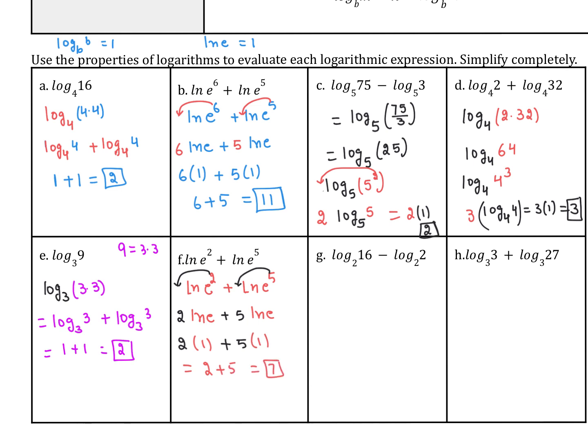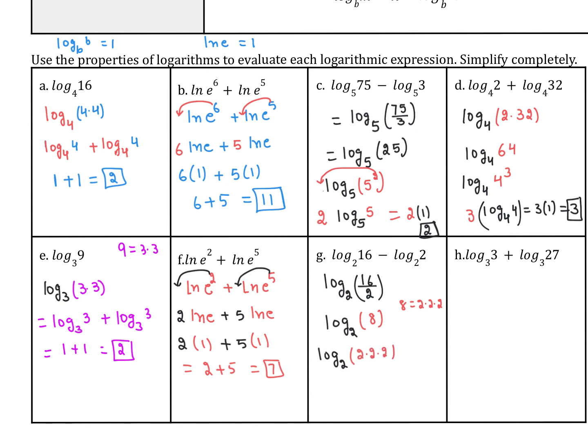In the next question, letter G, you're going to apply the quotient property, which means log m minus log n is log m over n. Now you're going to divide the 16 by 2, and that's going to be 8. You can rewrite 8 as 2 times 2 times 2. So you have log base 2, and in place of 8, I'm going to write 2 times 2 times 2.